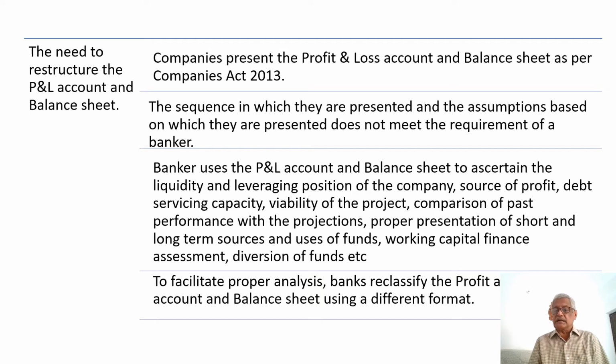Bankers use the profit and loss account and balance sheet to ascertain, one, the liquidity and the leveraging position of the company, sources of profit, debt servicing capacity, viability of the project, comparison of past performance with the projections, proper presentation of short and long-term sources and uses of funds, working capital finance, and diversion of funds, etc. So to facilitate proper analysis, bankers reclassify the profit and loss account and balance sheet using a different format. So today let us understand how this is done in case of a profit and loss account statement.